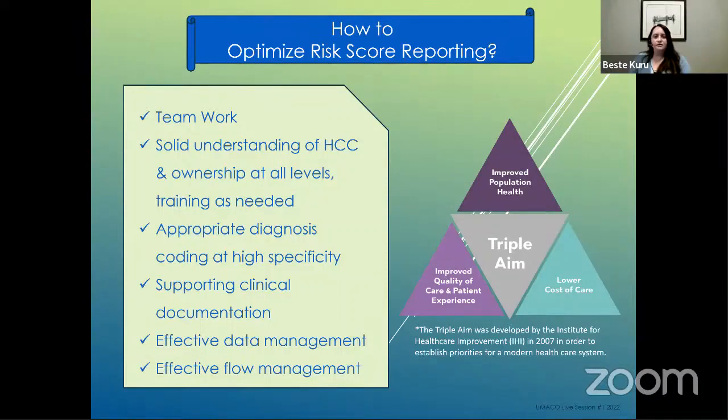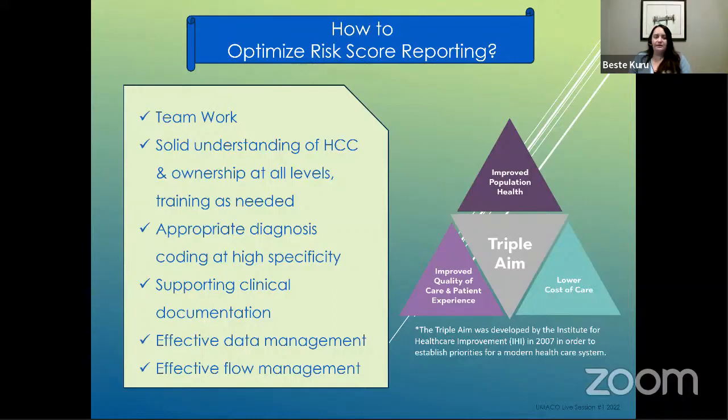From billing, we are also helping the clinical side, and that speaks to the teamwork efforts. So in order to optimize risk score reporting, teamwork is really one of the crucial points because it doesn't end with the provider seeing the patient. It is posting the charges.